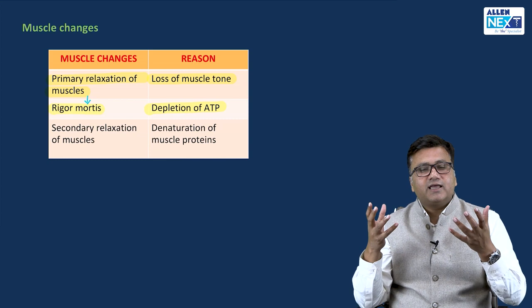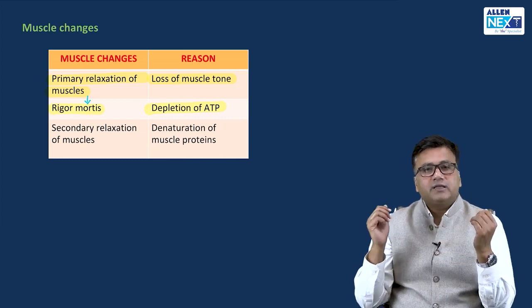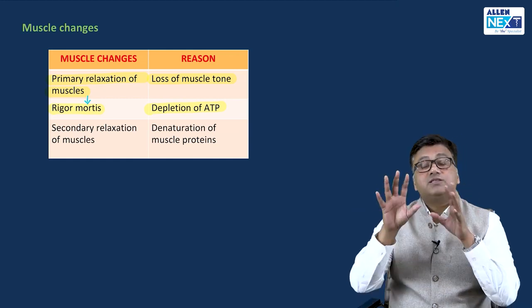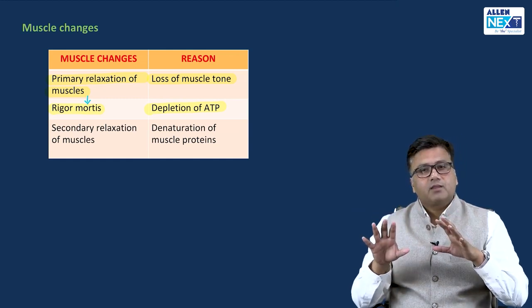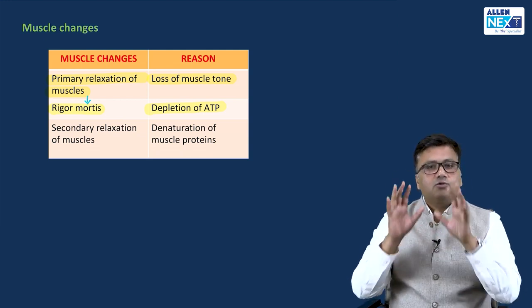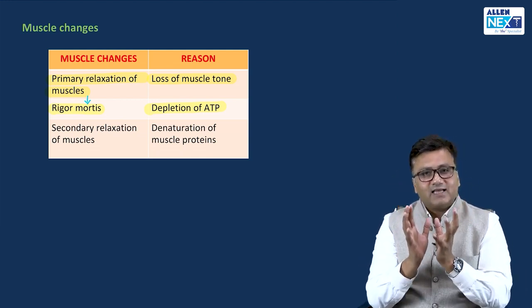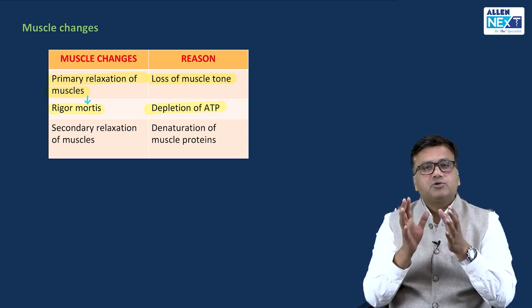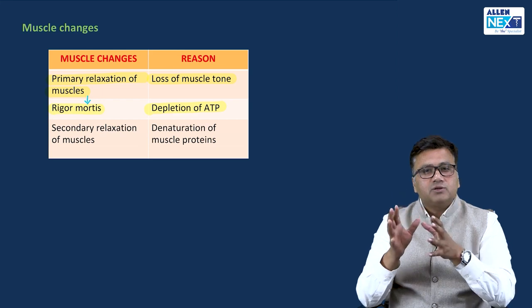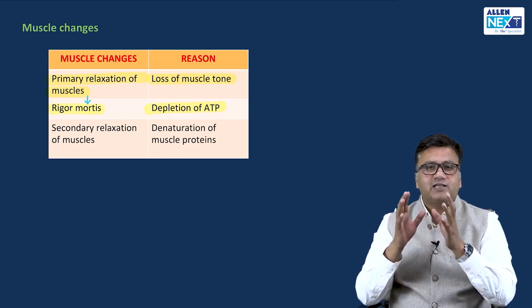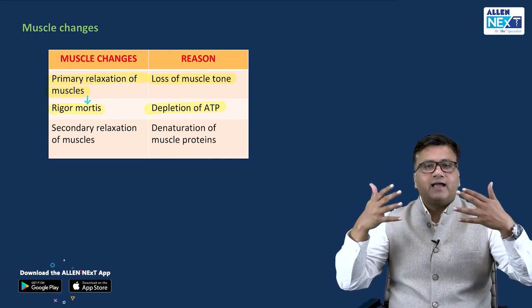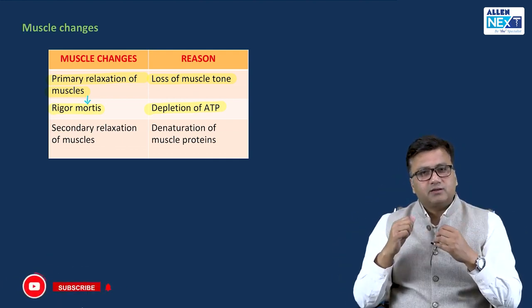But as long as the person is alive, the ATP is constantly regenerated because of cellular respiration. But once the person is dead, ATP regeneration cannot happen. So, whatever ATP store the muscle has is gradually depleted in keeping the actin and myosin apart.